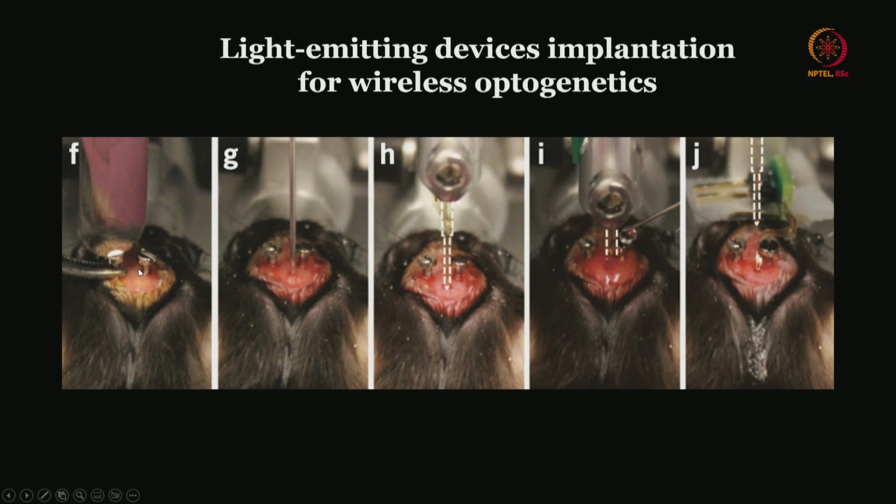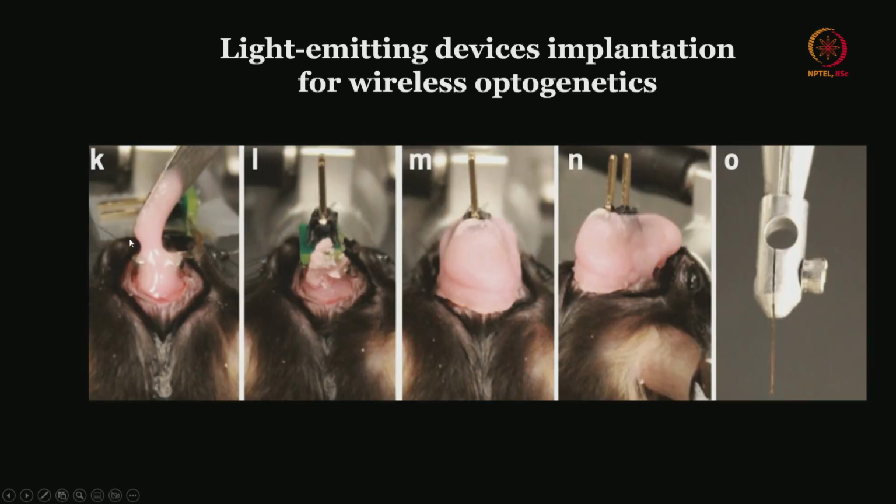Once 2 screws are implanted and screwed in, leave enough space between the skull and the top of the screws to hold the dental acrylic, and then as per the target entry point you go in with the final implant. In this case it is a light emitting device which has been implanted into the burr hole in the middle, and once that is done you start adding the dental acrylic here.